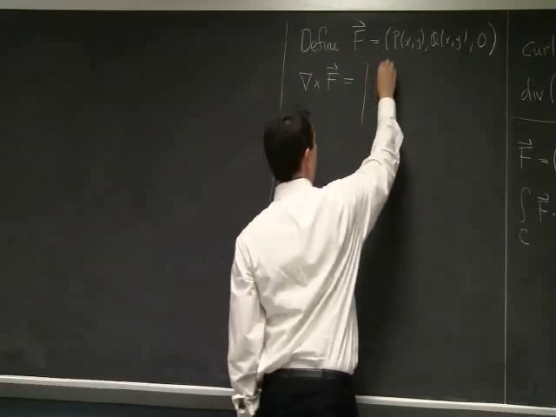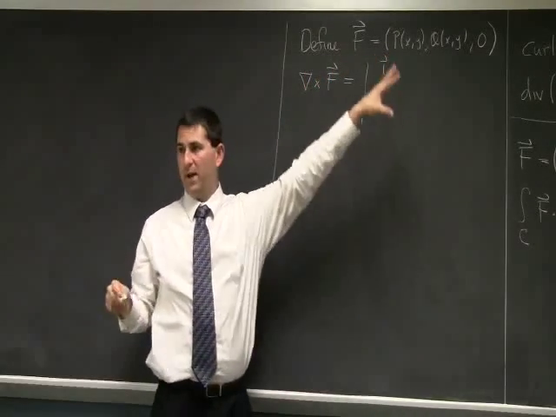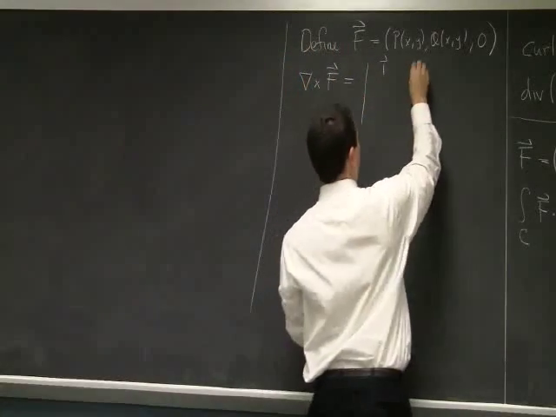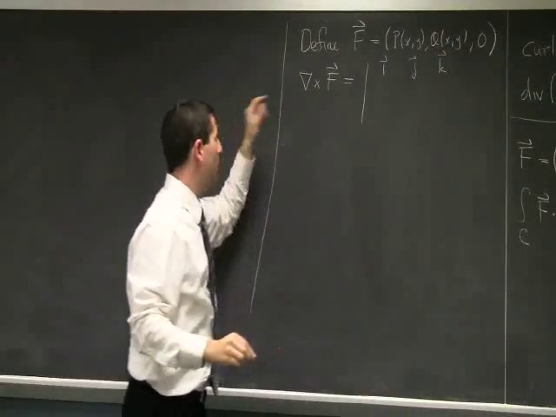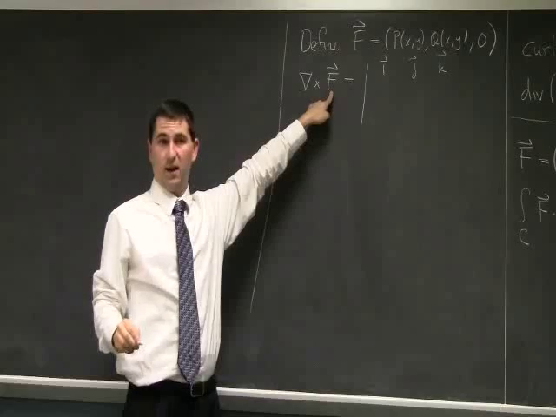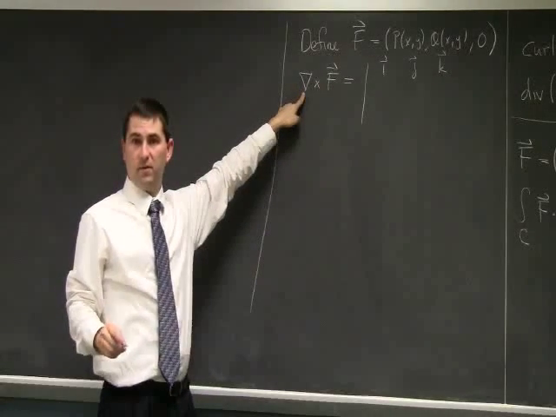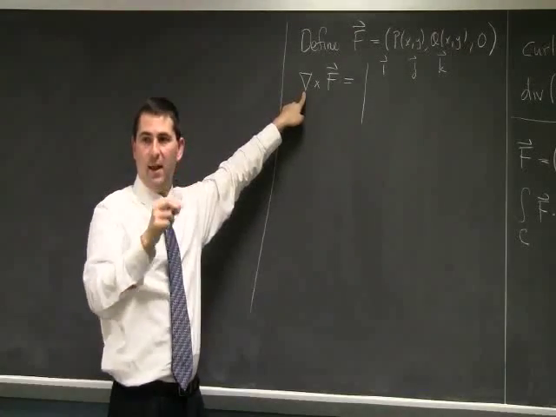Okay, so if we do that, remember there's this way of computing it. You take the determinant of a 3 by 3 matrix, where on the top row, you just put the unit vectors i, j, k. In the middle row, you put the first thing, and then in the bottom row, you put the components of the second thing. Now this is the partial derivatives. So normally I write partial, del over del x, right?